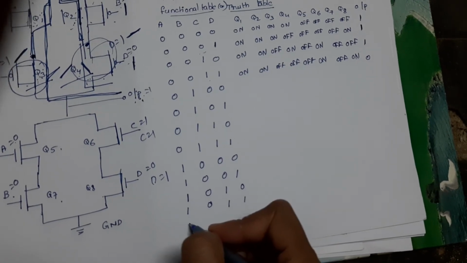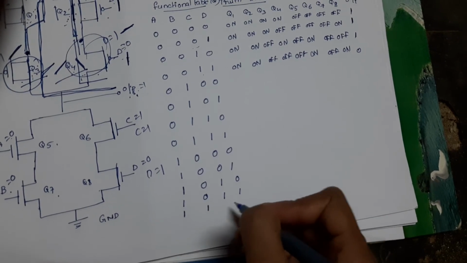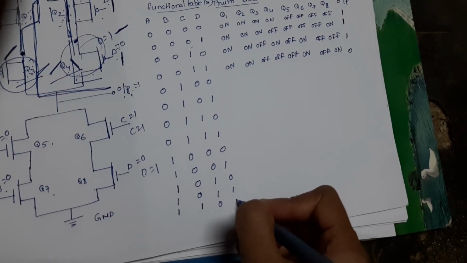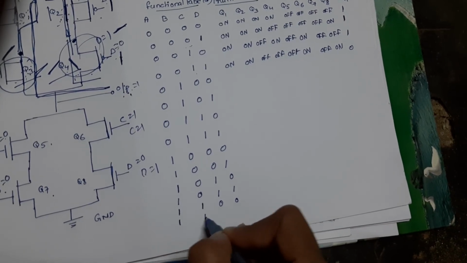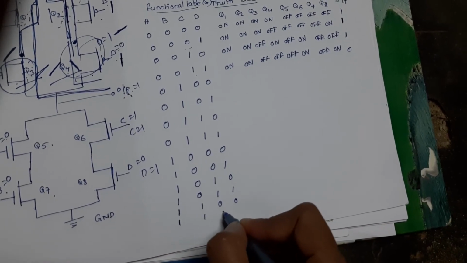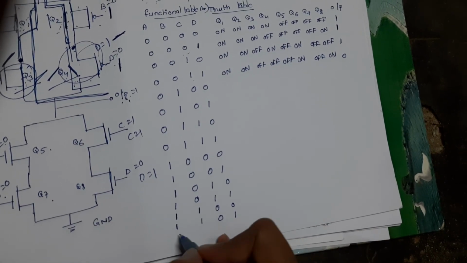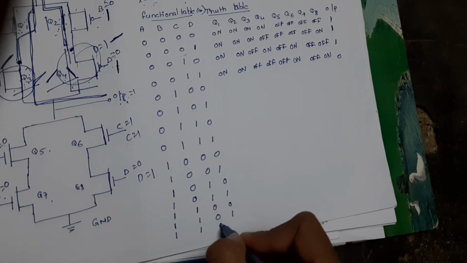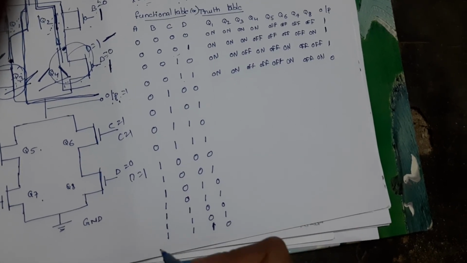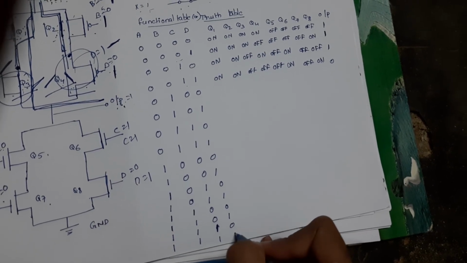The next input is 1, 1, 0, 0. The next input is 1, 1, 0, 1. The next input is 1, 1, 1, 0. The next input is 1, 1, 1, 1.